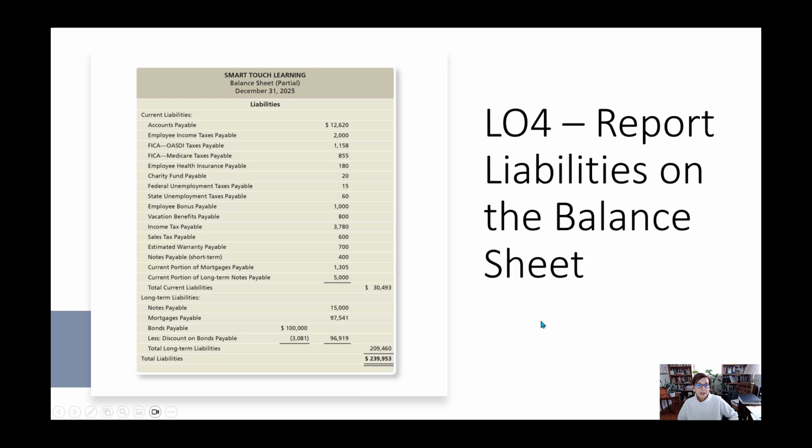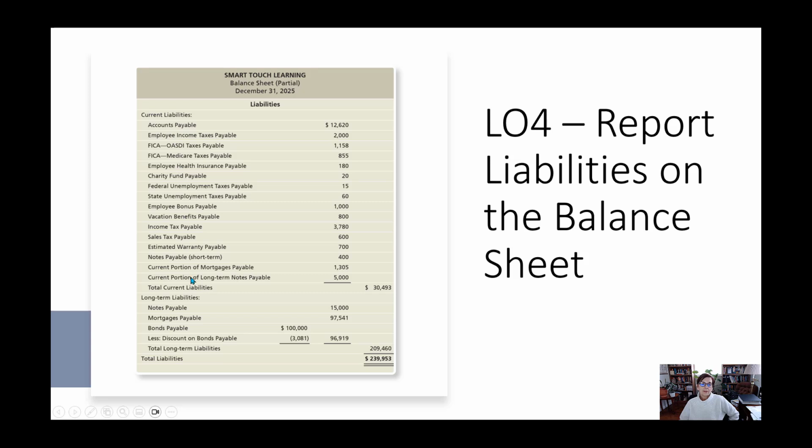Now, to report liabilities on the balance sheet, basically what you need to understand is which liabilities are current and which ones are long-term. So here there are many, many liabilities, some of which we've looked at, some of which we have not. Accounts payable, for example, hopefully everyone is familiar with that. That is a current liability.